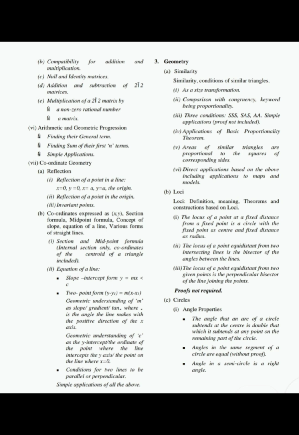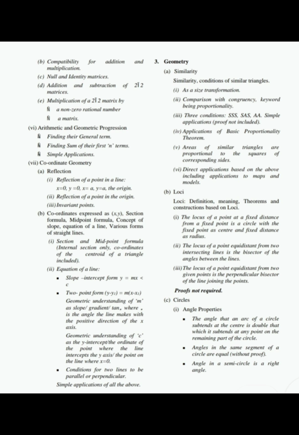In this, you do not have to study proofs because they are not included. Application of the basic proportionality theorem. Areas of similar triangles are proportional to the squares of corresponding sides. Direct application based on the above, including application to maps and models.